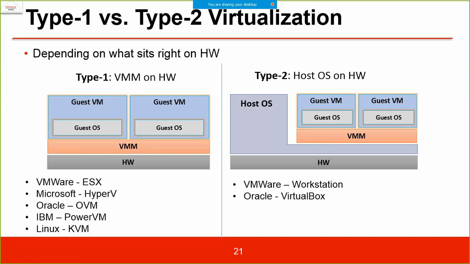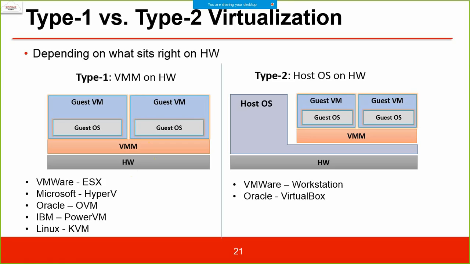I have already answered this question, because the virtual machine manager has the bare minimum operating system required. That means the kernel is a part of the hypervisor itself. So examples are VMware ESX, Hyper-V from Microsoft, Oracle OVM, IBM PowerVM, and Linux KVM. These are type 1 hypervisors, which we can install directly on the hardware and run guest machines on.